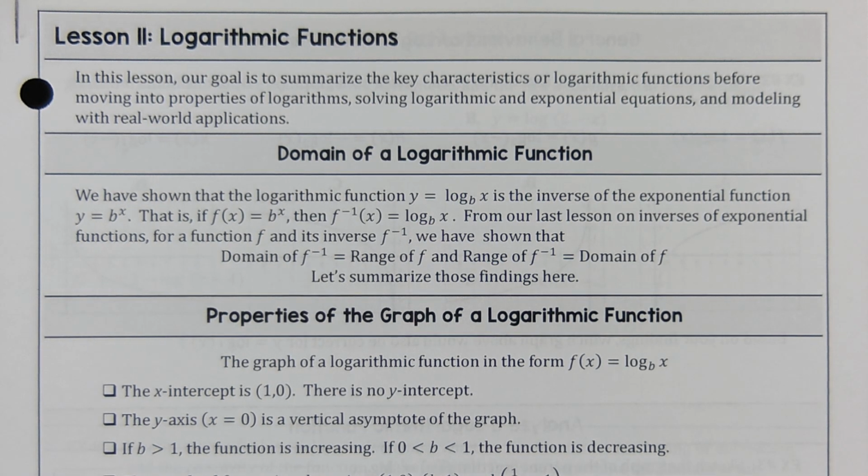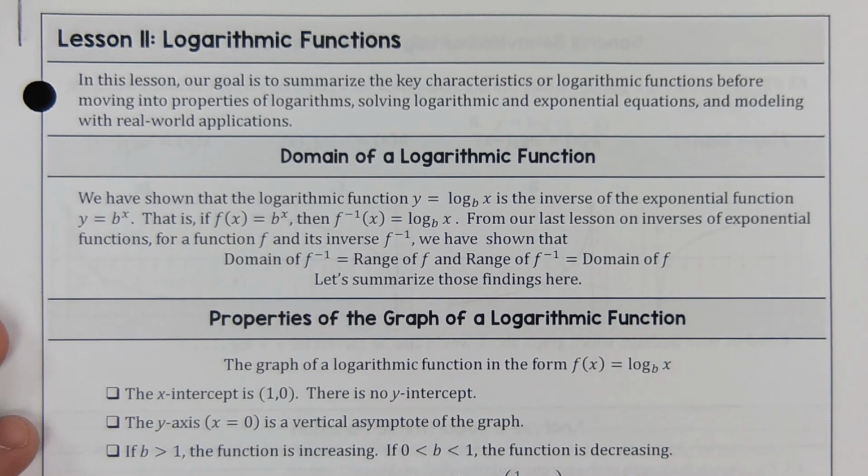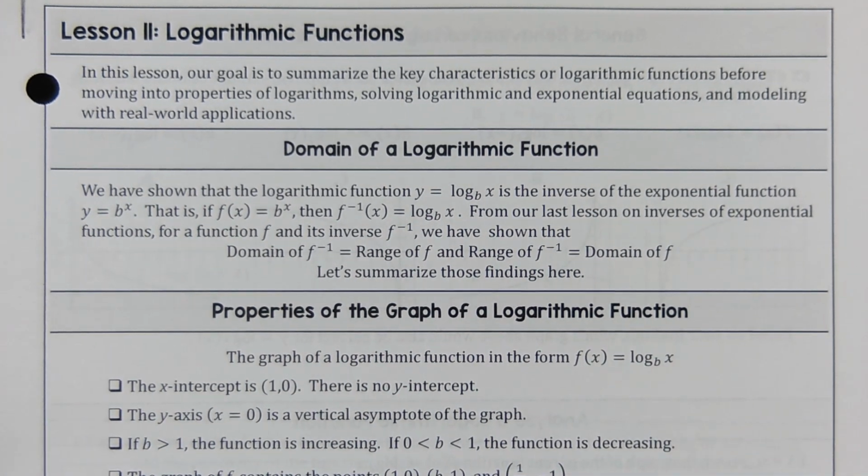Okay, we've already discussed the domain of a logarithm, but let's talk about it again. Logarithms are the inverse of exponential functions. That means x's and y's have switched, which means domain and range have switched. So the domain of the logarithm is the range of the exponential.